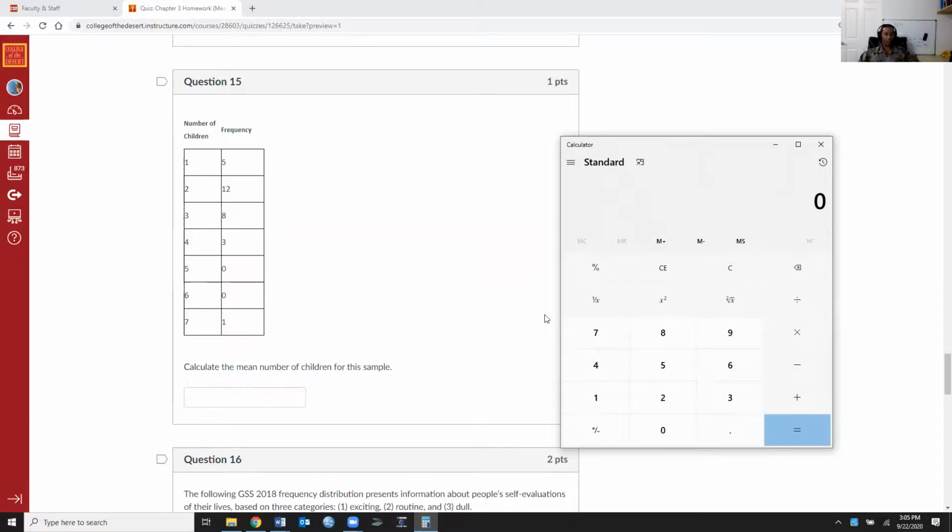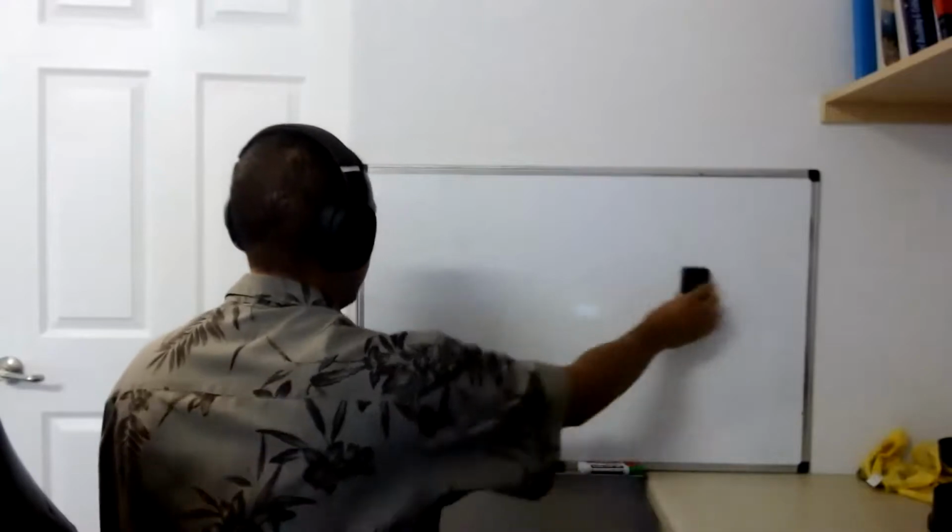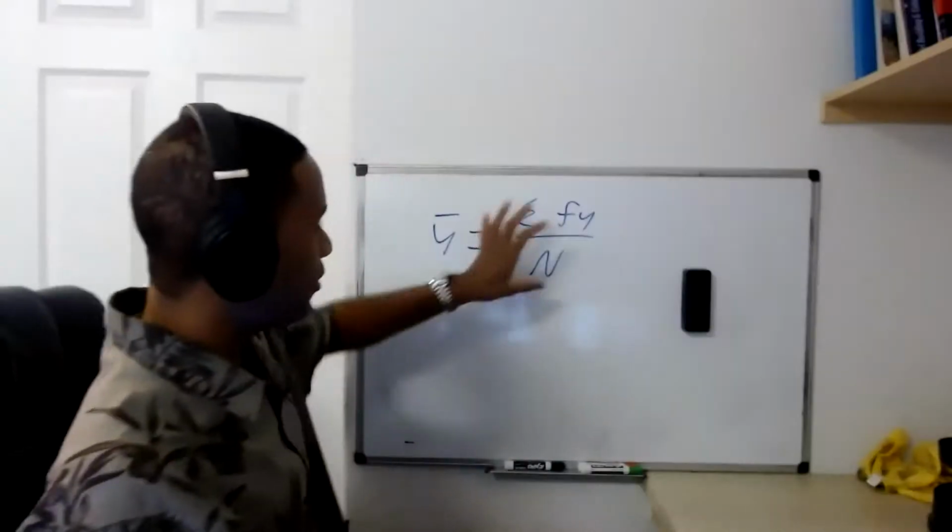Now, if you all remember the formula we had for the mean in the frequency distribution, can anybody remind me what it is? The mean equals the raw score times the frequency, where a score is multiplied by its frequency, over n, divided by n. Okay, good. So hopefully you all remember this.